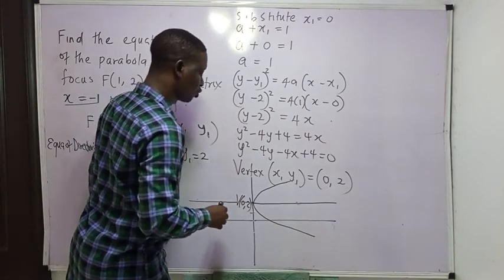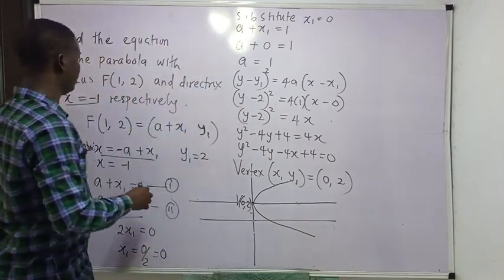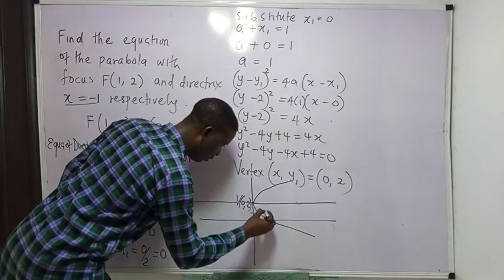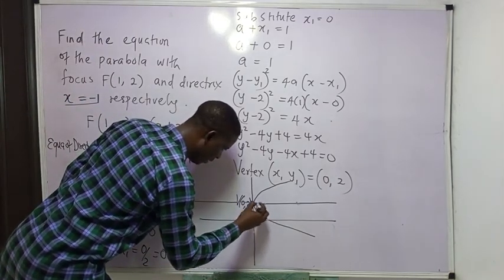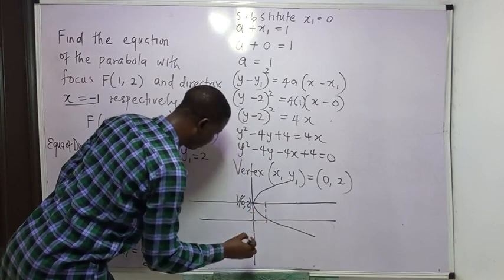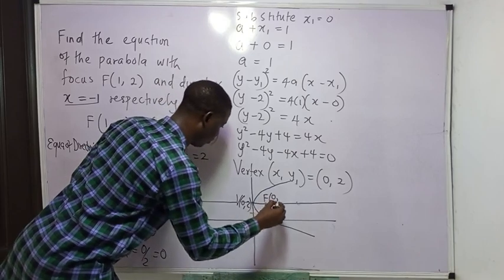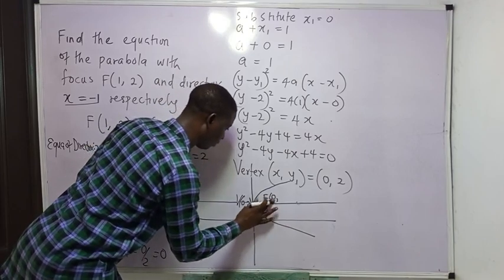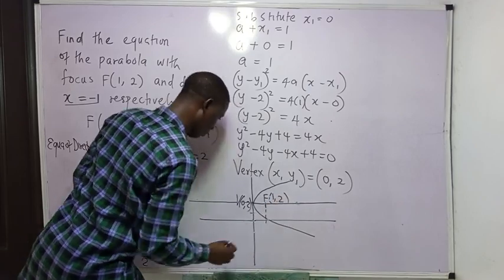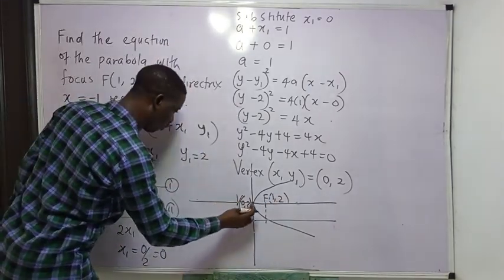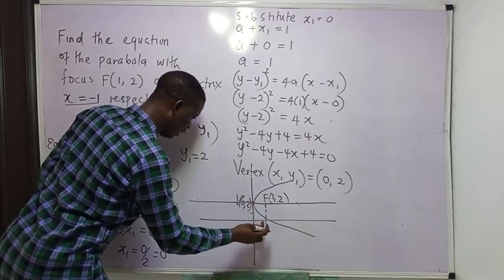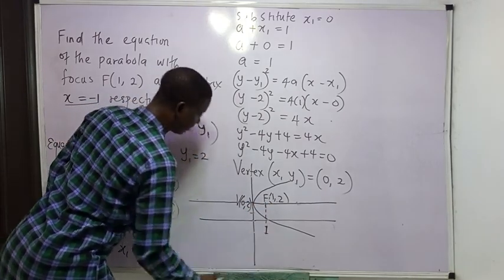Now we draw our a equal to 1. From the vertex, it is 1. The focus is (1, 2), because this is y equal to 2 and x equals 1.